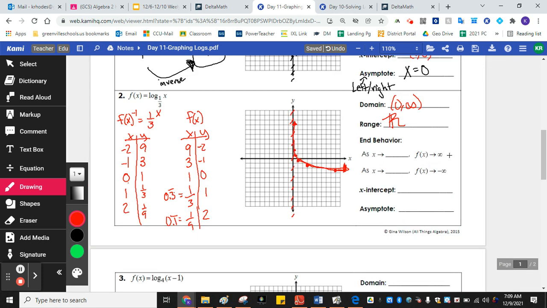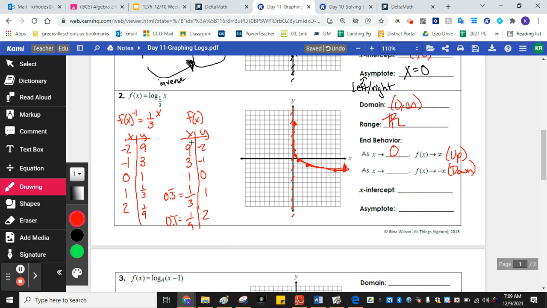As y goes to positive infinity, as your graph goes up, what's your x doing? As my graph goes up, my x is getting closer and closer to 0. As my graph goes down, my y values go down this way.